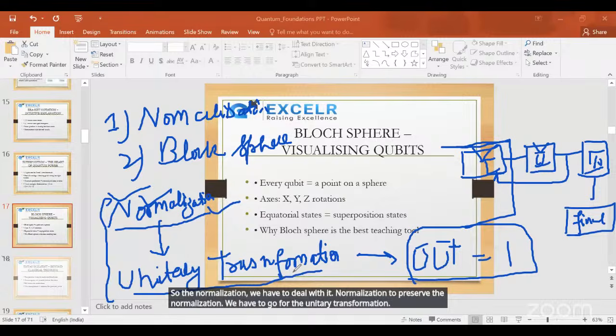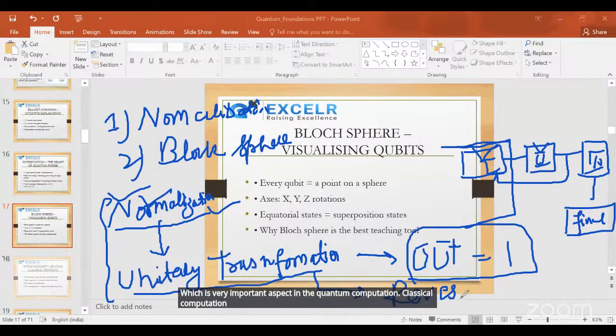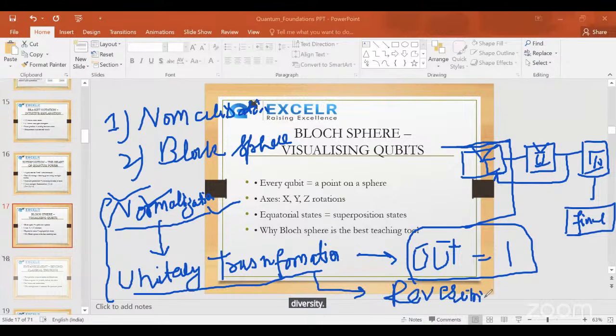When we go for the unitary transformation, it gives us the concept of reversibility, which is a very important aspect of quantum computation. Classical computation is not reversible. Note this point, reversibility. So it is very necessary to understand normalization.